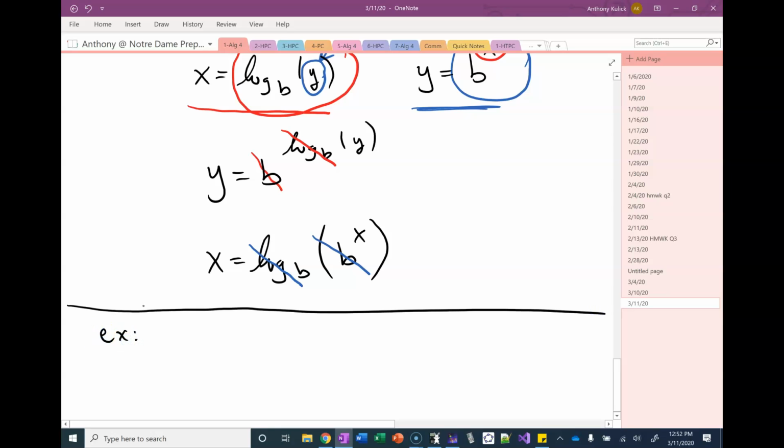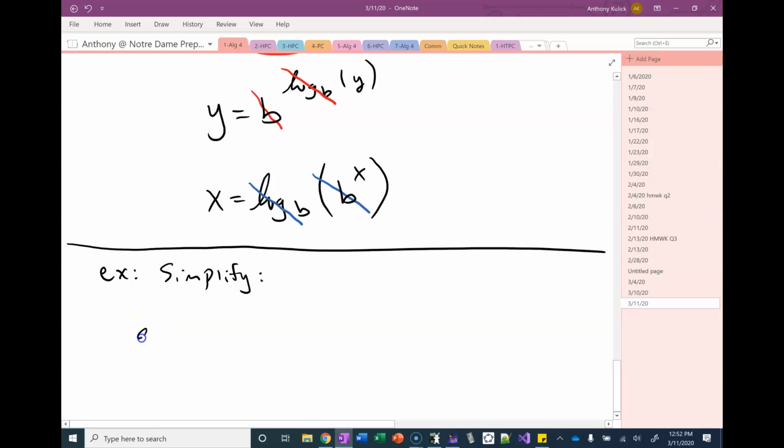So let's do an example here. Let's say we have 10 to the log of 4. So log of 4 is in the exponent there.